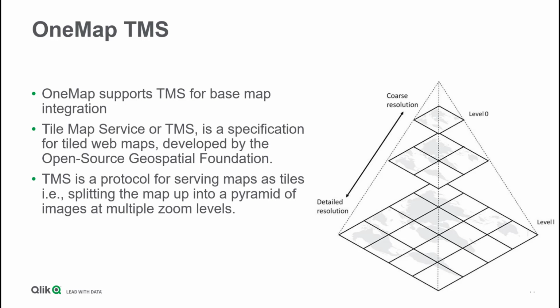This could be done via a batch process on a periodic basis when updates are made to the base maps. The pro of using TMS is that the performance is faster as the map tile images are already pre-generated, while the con is that it takes a considerable amount of time to pre-generate the map tile images at different zoom levels.